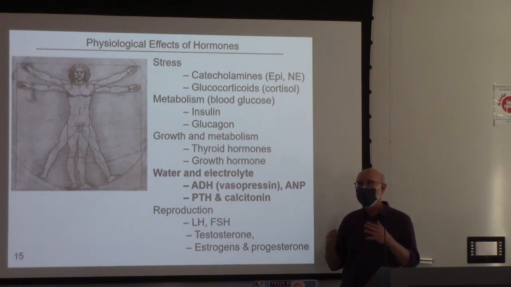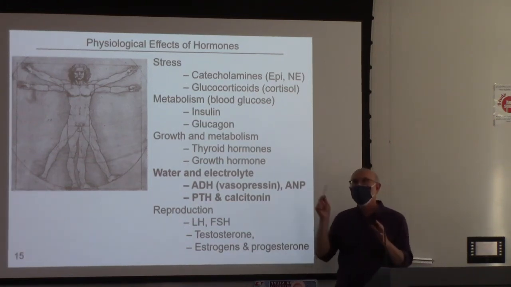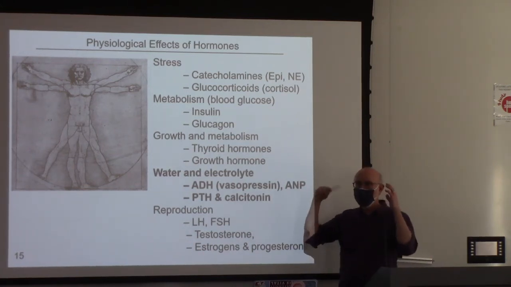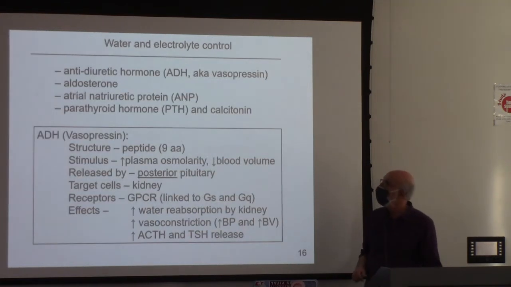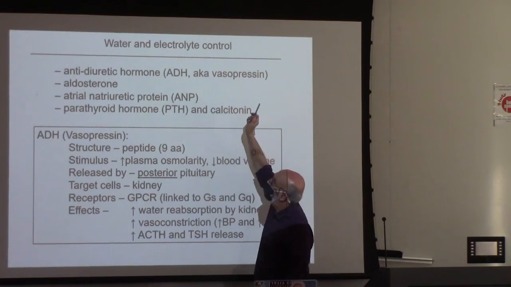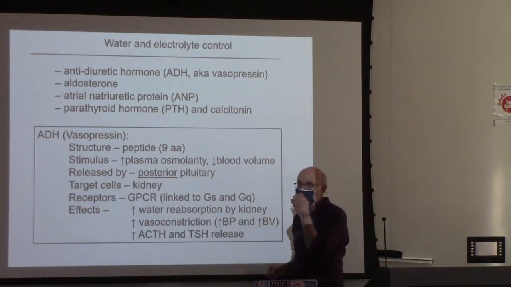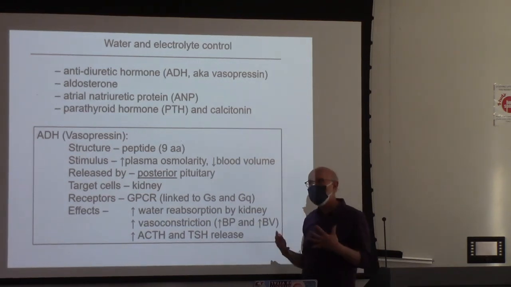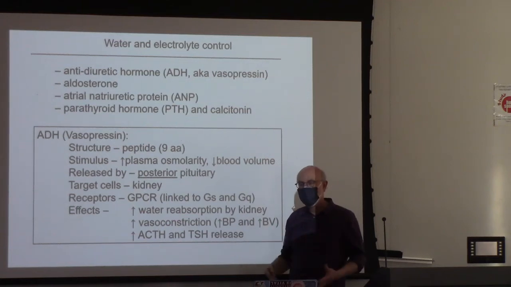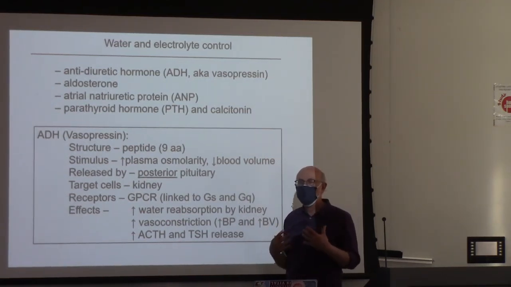By black box, I mean not give you the molecular mechanisms, or only try to get the people who took AMP2 to remember. Let's talk about vasopressin and aldosterone for the control of water and salt concentrations in our body. We achieve homeostasis in the amount of water that is in our body.